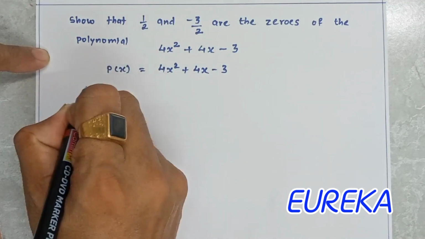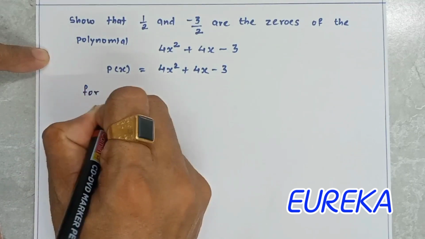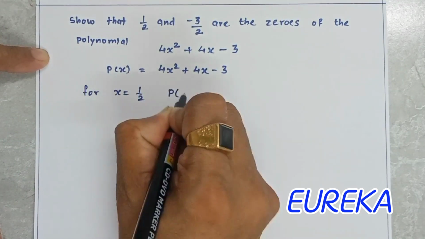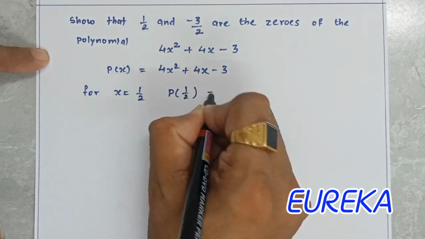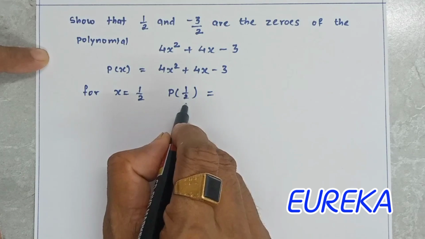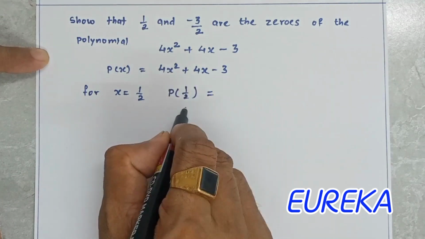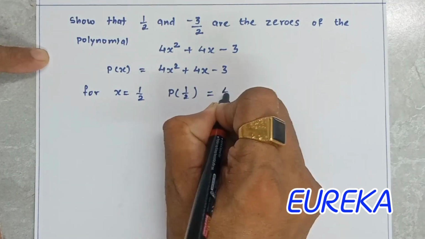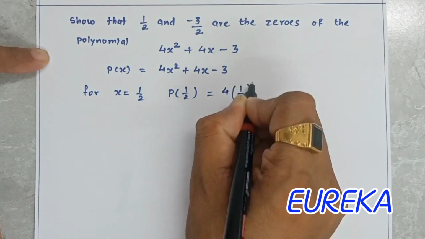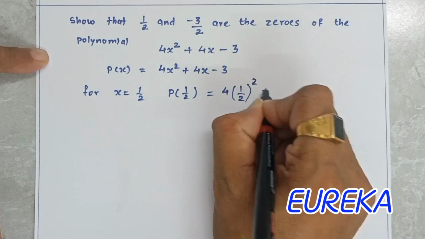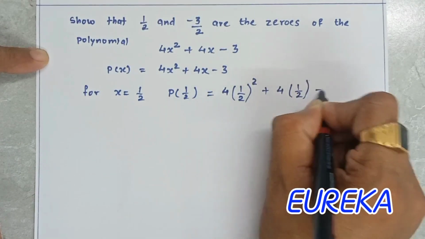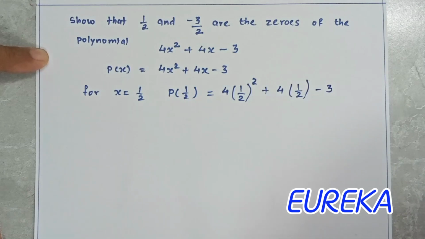So for x equals 1 by 2, what will we get? P of 1 by 2. Wherever there is x, we will put 1 by 2. So what do we get here? 4 into (1 by 2) square plus 4 into 1 by 2 minus 3.